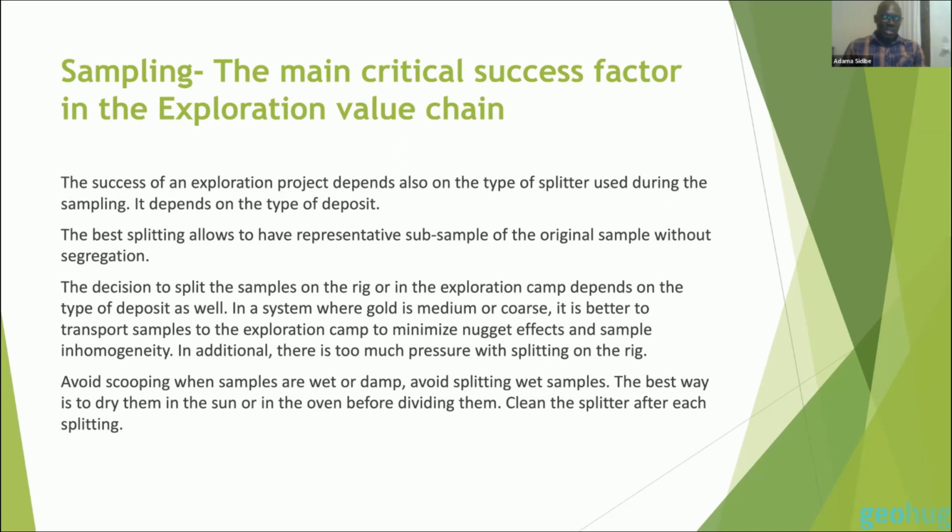And the most important systematic error in sampling is contamination: the sampling equipment, the sample storage step, the water during the drilling, contamination during the splitting and recovery at the cyclone. The best splitting allows a best representative sub-sample of the original sample without segregation.